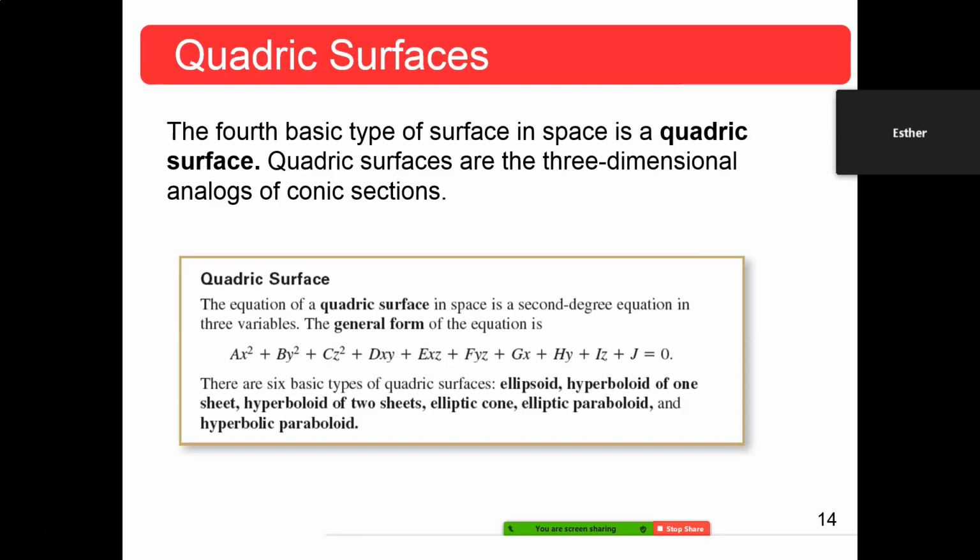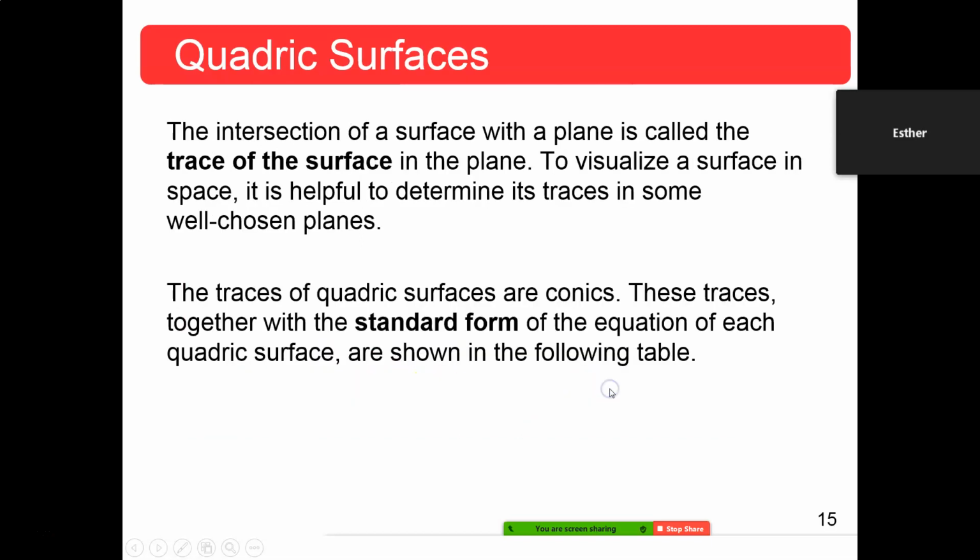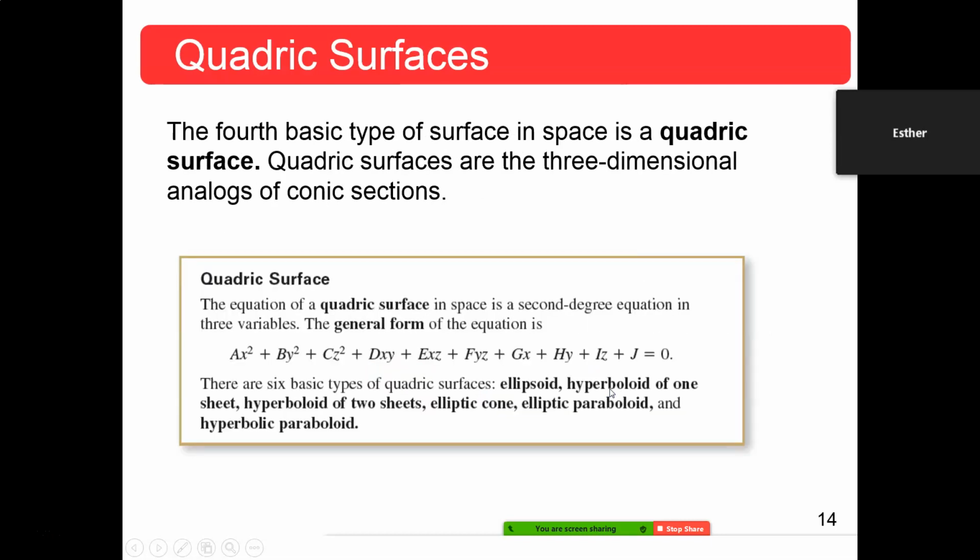There are 6 basic types of these quadratic surfaces. I mentioned the first, the ellipsoid. On the ellipsoid, the A, the B, and the C are all positive. A special case of this would be a sphere, in which A, B, and C would all be the same length as well. Now, the hyperboloid, which comes from a hyperbola, of 1 sheet, and the hyperboloid of 2 sheets.